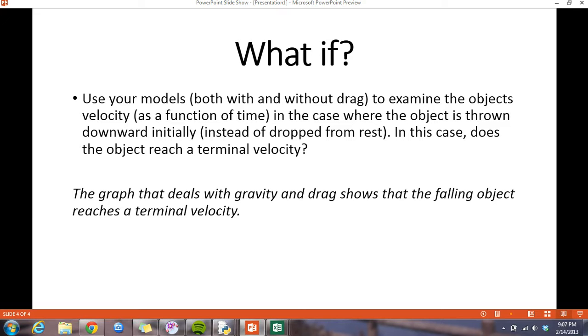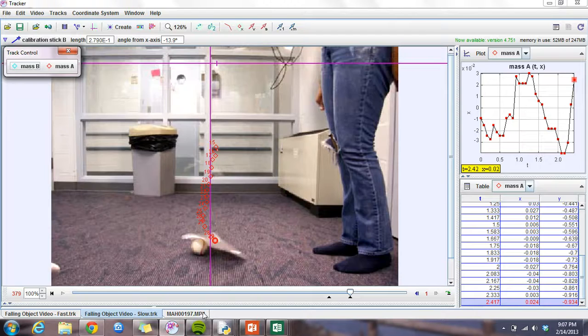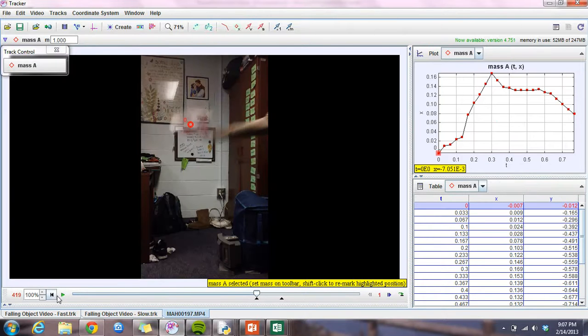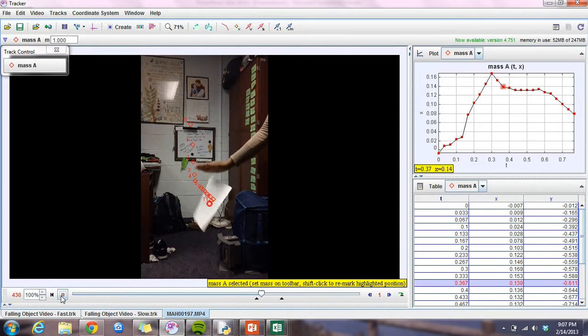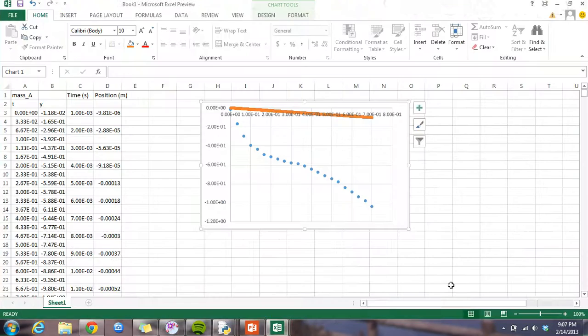And our last part of this video is, what if the slow falling object had been thrown? This video shows a sheet of paper being thrown down, and when we look at this model, we see that this information from tracker, I believe, also does reach a terminal velocity.